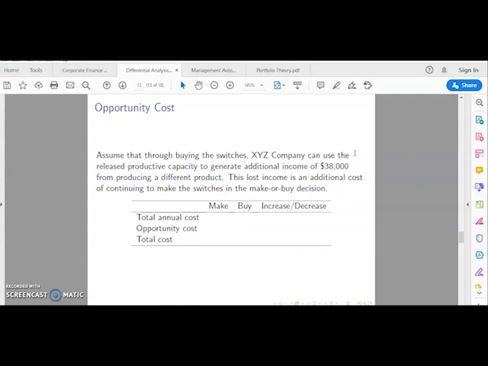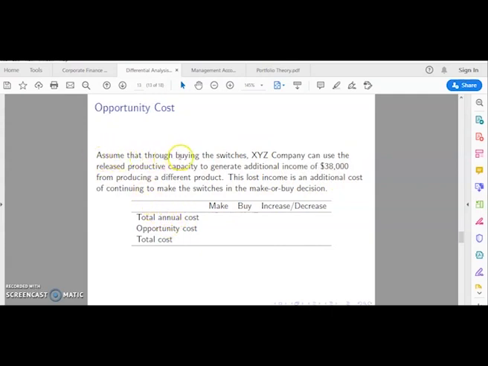Therefore, we will lose some profit if we refuse one specific alternative. So let's have a look at this example, how it works.